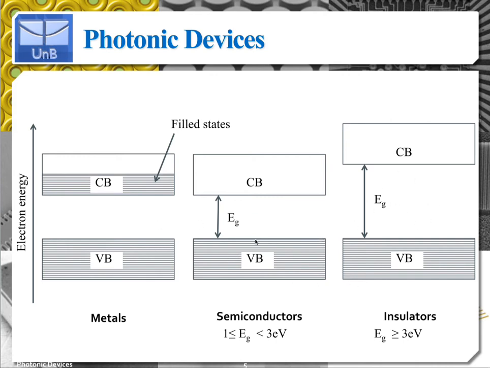So at 0 K, the electrons in those materials would have to overcome the whole energy of the band gap in order to move to the next possible or next available state. In metals, in either case, where the bands overlap or you have a band that's partially filled, the electrons right at the top have to acquire a very small amount of energy in order to move to the next state.